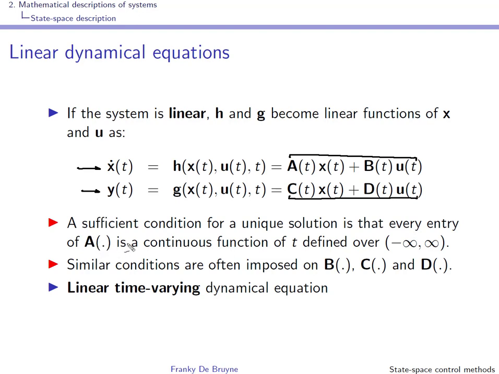If A is a continuous function of t, well, this system will have a unique solution, right? You can see that there is still a dependency of time over here, so the system is time varying. We speak of a linear time varying dynamical equation or a linear time varying state space description of the system.